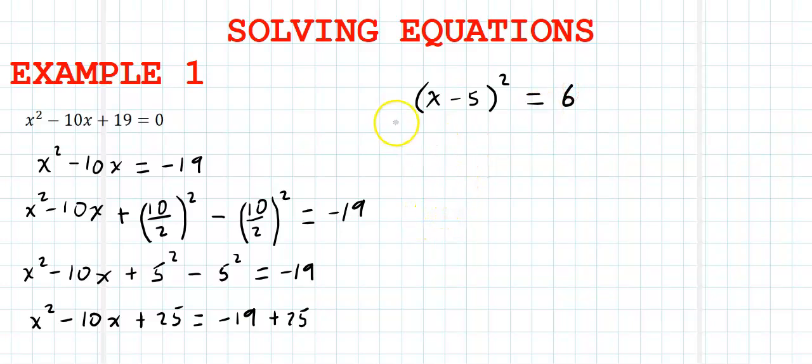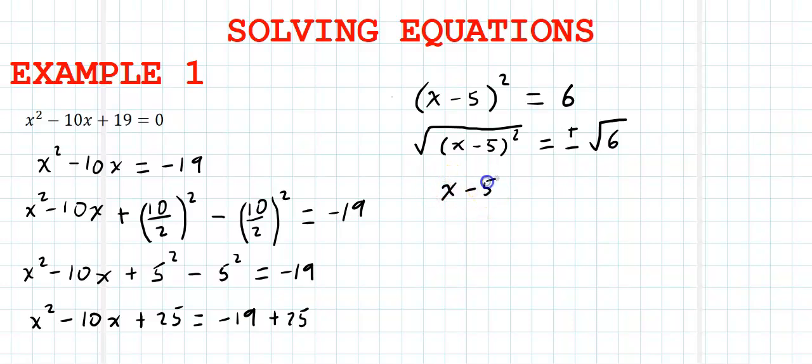So, to find the value of the variable, we take the square root of x minus 5 to the second power equal the square root of 6. But you remember that the square root is positive or negative. So, on the left side, we have x minus 5 equal positive or negative square root of 6.